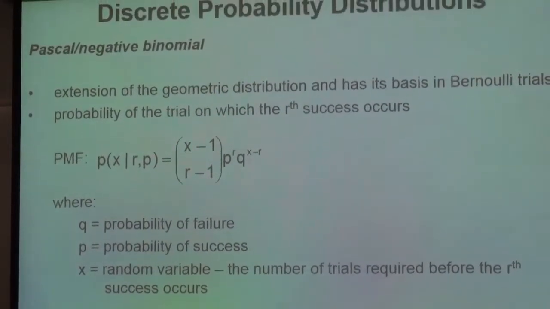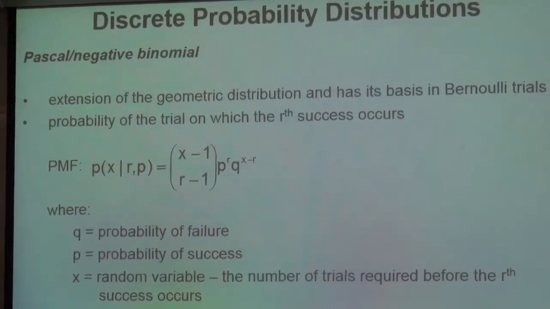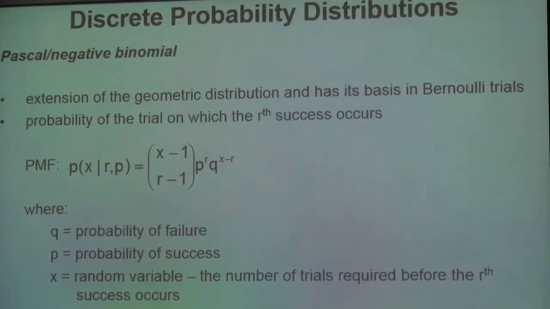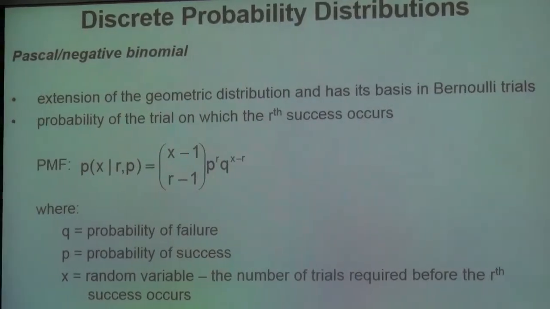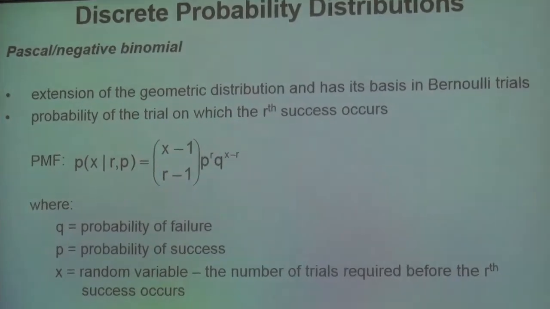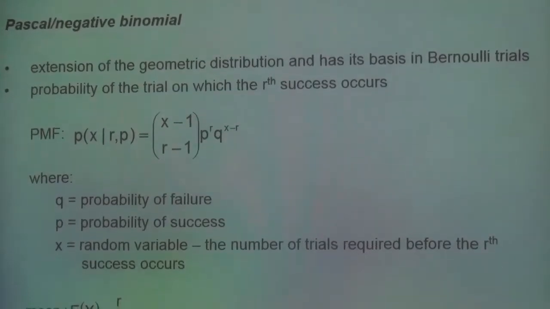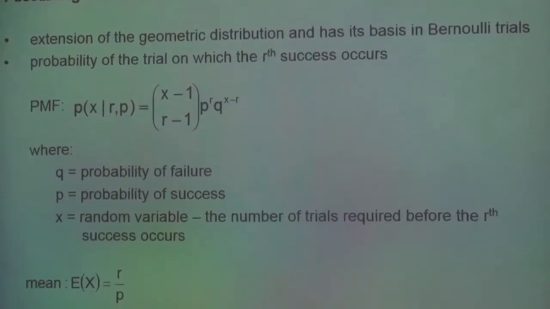There is an extension of the geometric called the Pascal or negative binomial, where we once again have probability of failure is Q, probability of success is P, and X is the random variable of the number of trials required before the nth success occurs. It's hard to say that without sounding silly, but that's just the variable we happen to use.